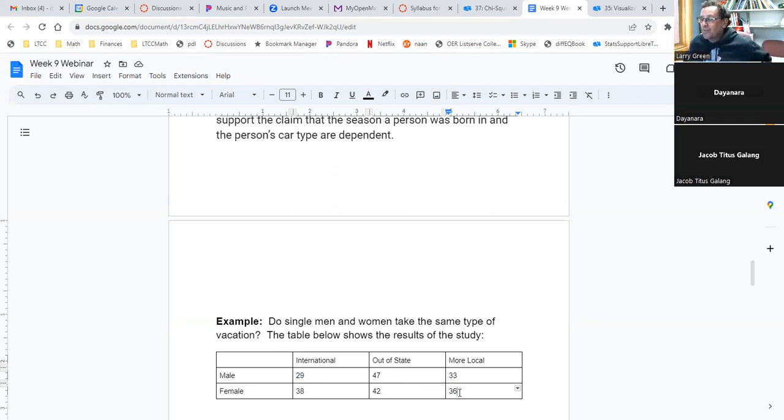Another way of saying the same thing is, is the distribution of vacation type the same for men as the distribution of vacation type for women? So do you see we're comparing distributions? Any questions on this idea?